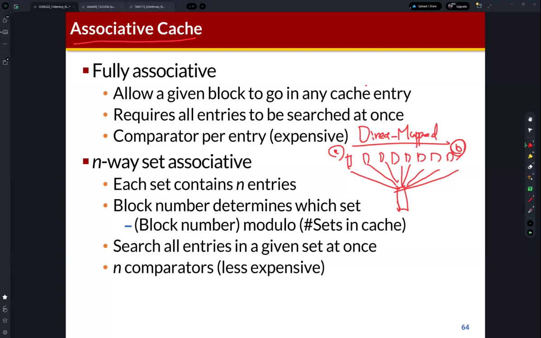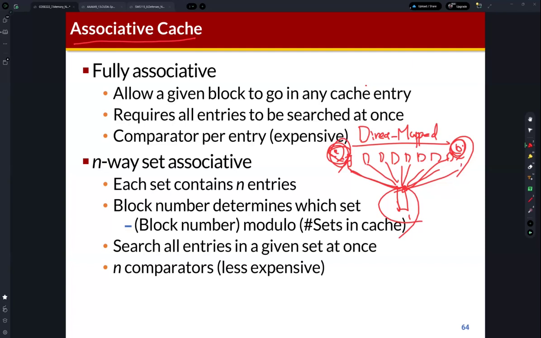We want a program to access the variables A and B. And unfortunately, the variables A and B can be mapped to the same cache block. What's the problem? Our application will frequently use the variables A and B, but because of the cache mapping policy, this cache cannot contain A and B at the same time.